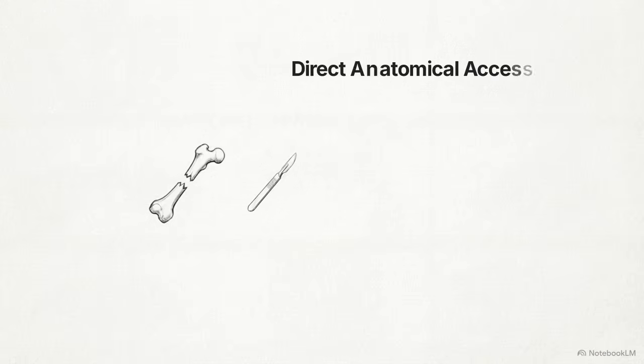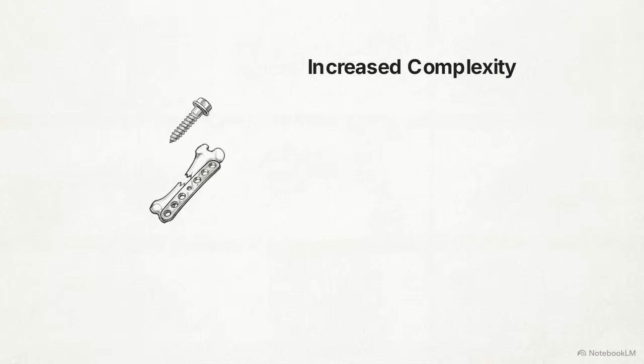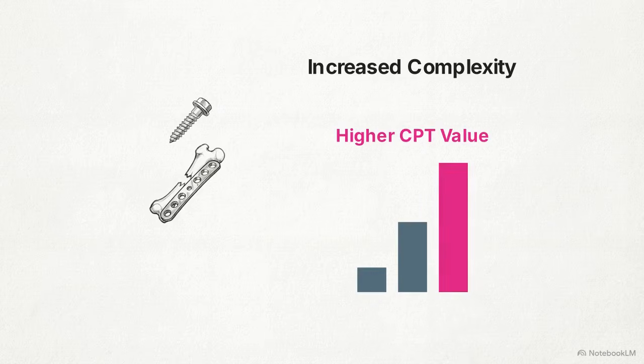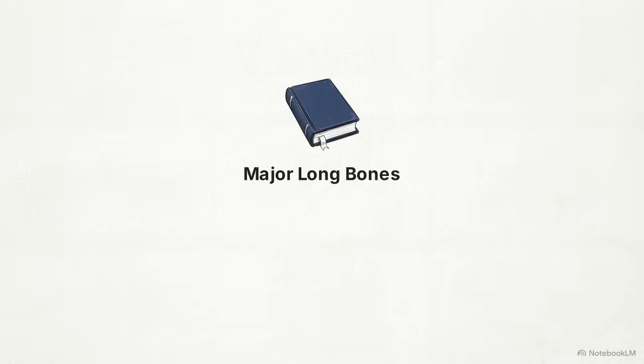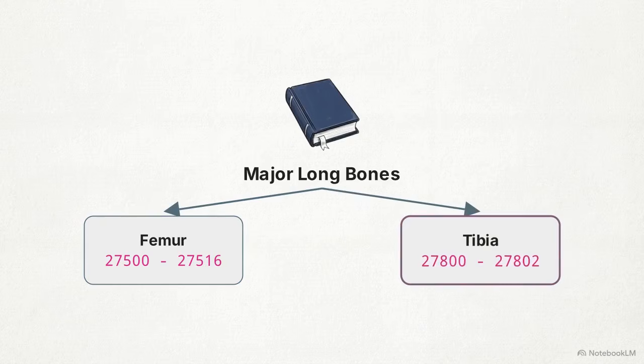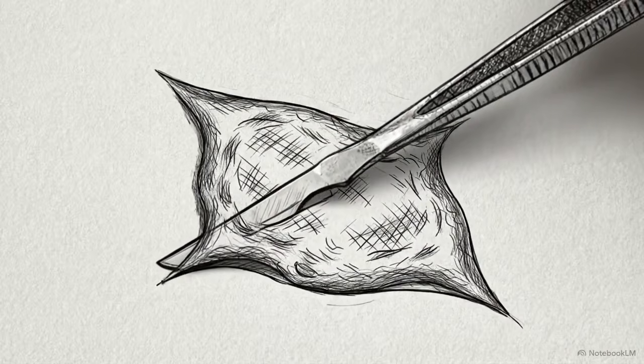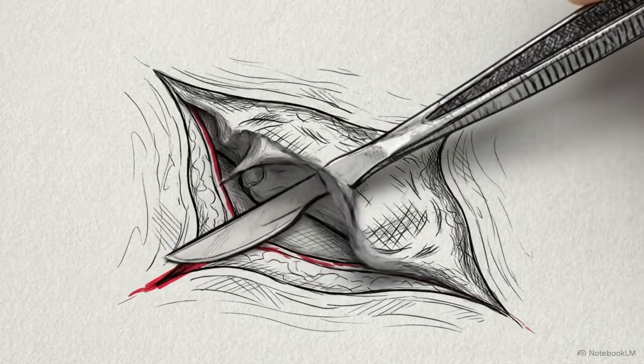This direct anatomical access increases the complexity of the procedure, which is reflected in the higher values assigned to open CPT codes. For major long bones, coders look to brackets like 27500 to 27516 for the femur, or 27800 to 27802 for the tibia.